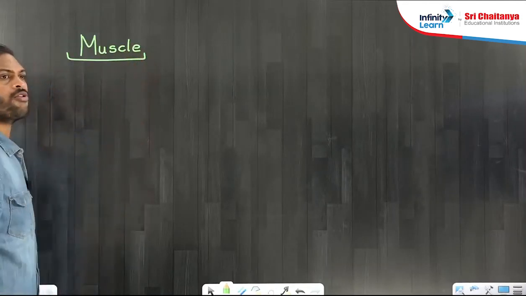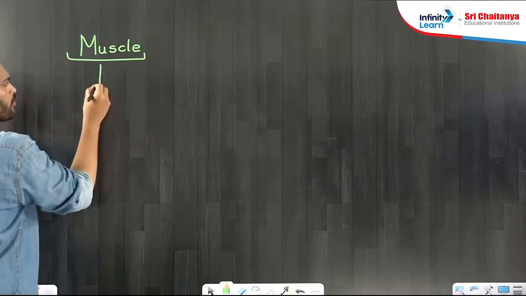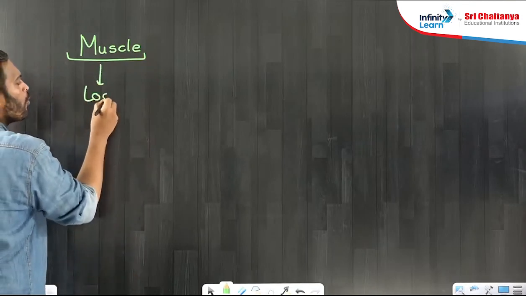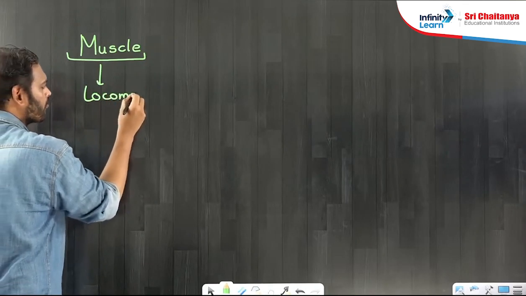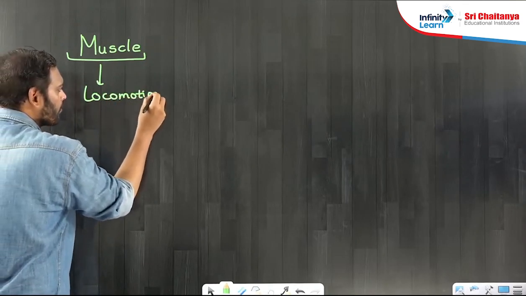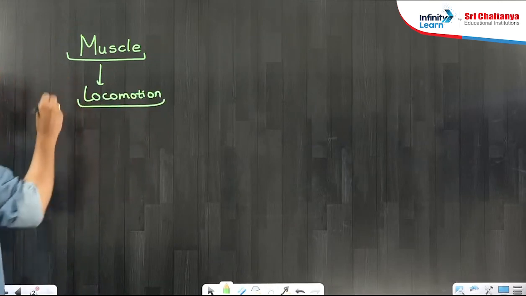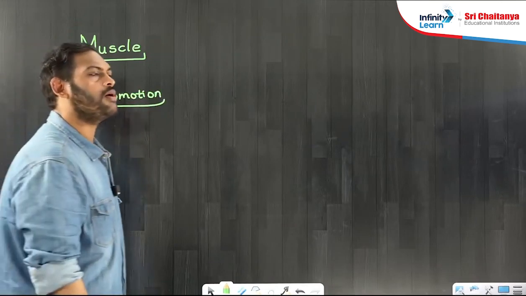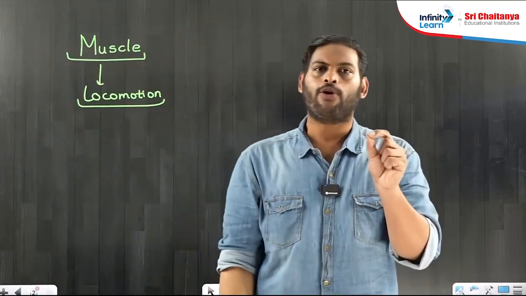Muscle is the structure of your body which allows you to perform locomotion. The main tissue responsible for your locomotion is muscle.